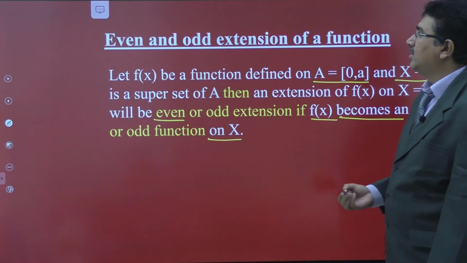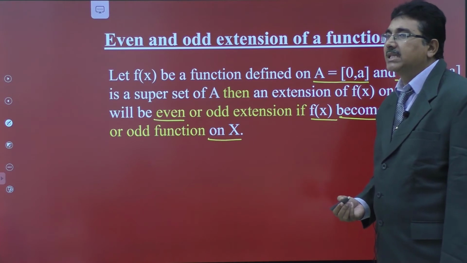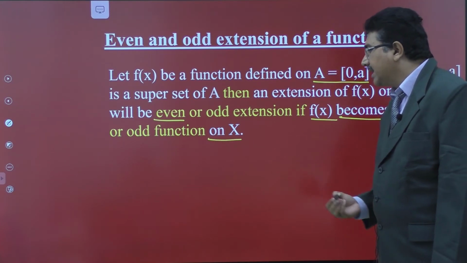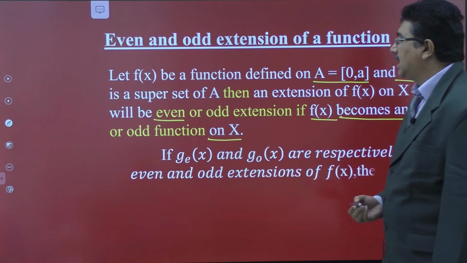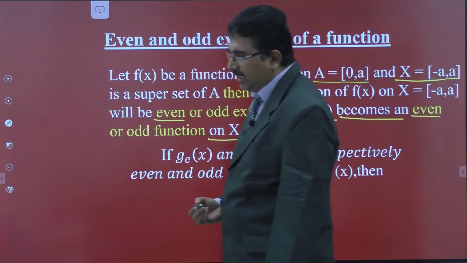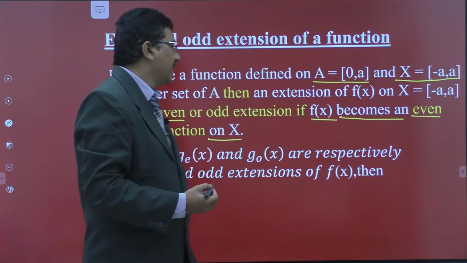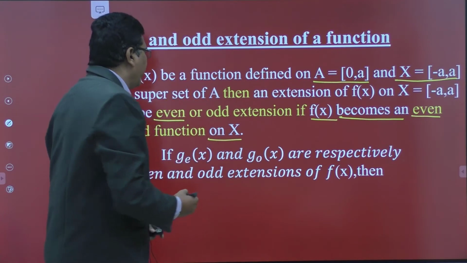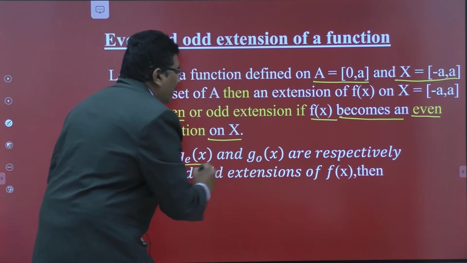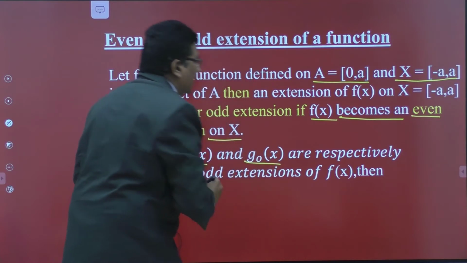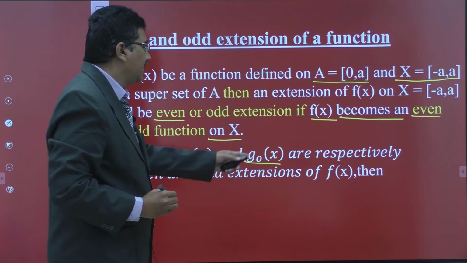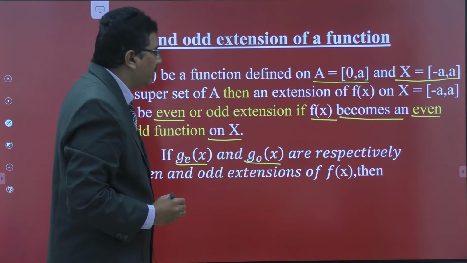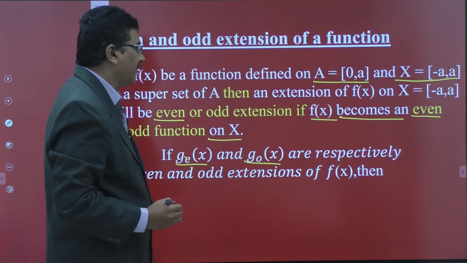Right? Now we define even extension and odd extension like this. Let g of x be an even extension, where e denotes even extension and o denotes odd extension of f. This is the even extension of f, and this is the odd extension of f, respectively.